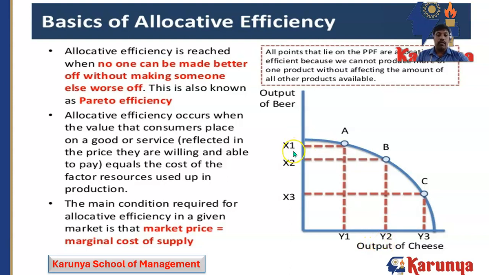When we reduce beer by a certain percentage, we deploy resources to produce cheese. Again, from X2 to X3, if we reduce beer, we produce less beer, but we can produce more cheese because 75% of resources are effectively allocated to produce cheese. So this is the concept.